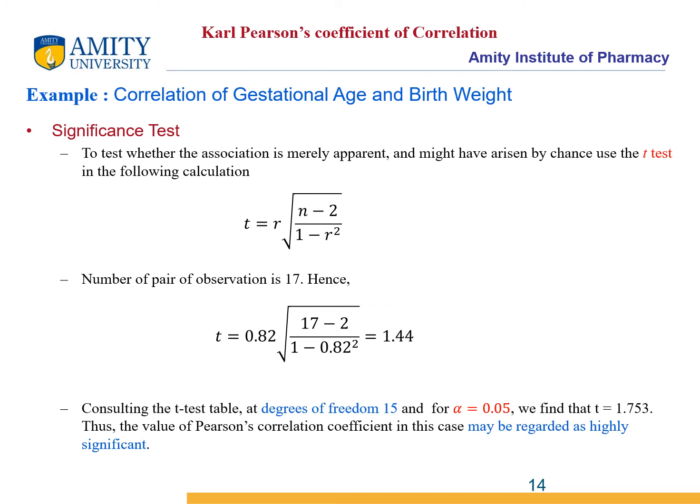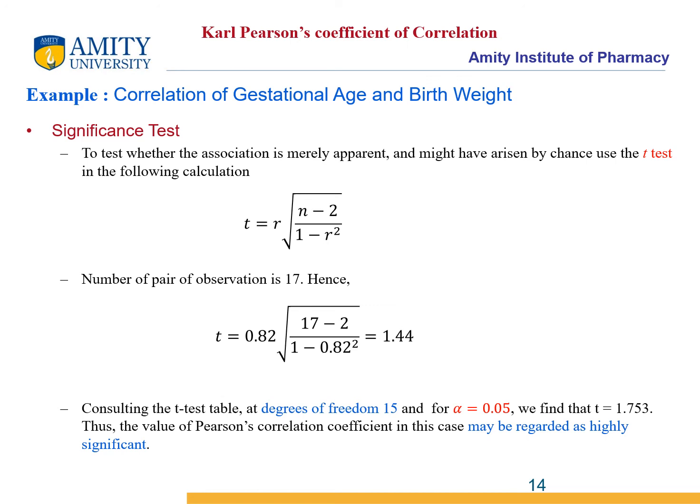So now we are going to use the significance test by using a different formula, that is t equals r under root (n minus 2) upon (1 minus r square). Here r is the Karl Pearson correlation coefficient and n is the number of observations. The number of pairs of observations was 70.